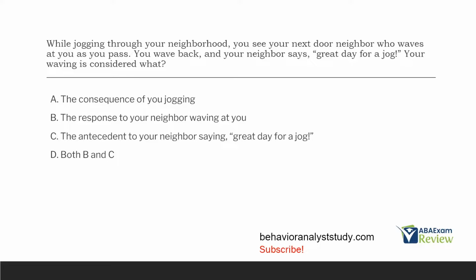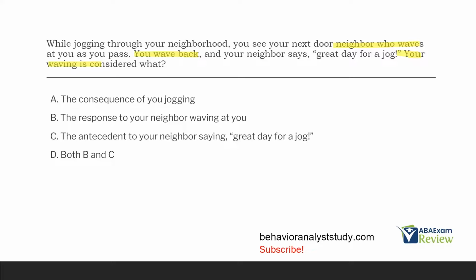So we're looking at waving, okay? You want to identify where the waving's at. Who waves at you as you pass? Your waving, right? Because we have neighbor waving and your waving. So we're looking at you waving. Your next door neighbor waves at you, then you wave back. So you waving back is a response, okay?